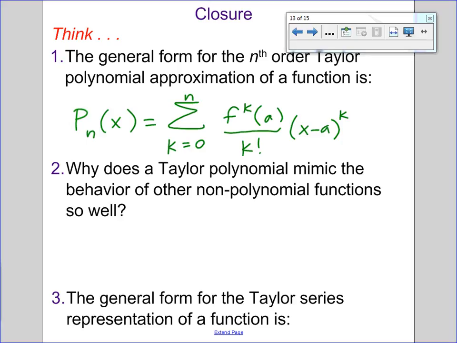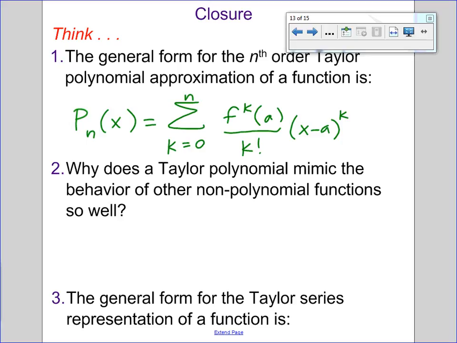Then what did you do? Well, in our Bellwork, we stopped at 4, but we still took another derivative, the fourth derivative, and evaluated. And that tells us how quickly the rate of change in the curvature is changing. In other words, we're using the exact behavior of my original function to create its polynomial representation.